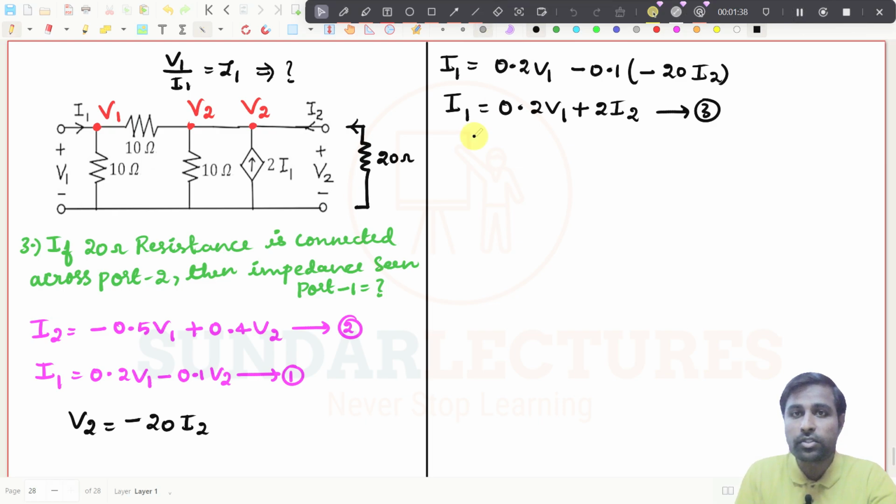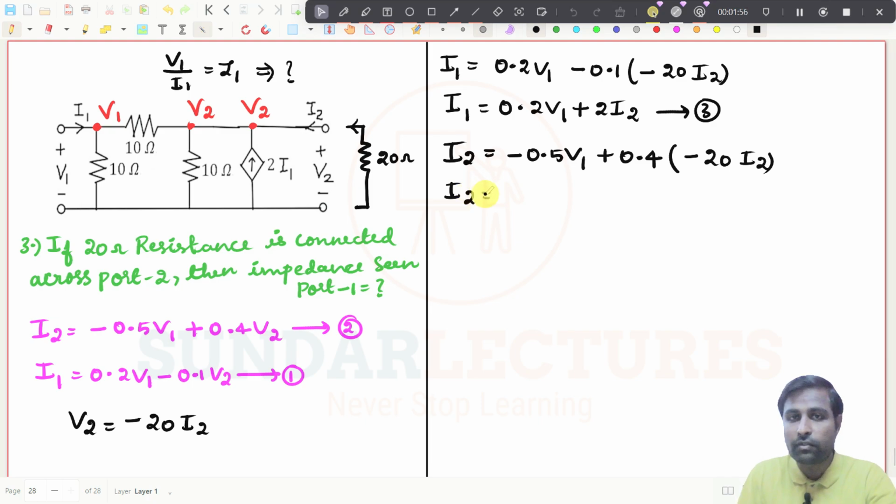So now you just substitute this in this equation. So I2 will be equal to minus 0.5 V1 and then plus 0.4 into what is V2 now? It is minus 20 into I2. So if you further simplify this, then I2 will be equal to minus 0.5 V1 and then minus 8 into I2, right? Then if you substitute this I2 in this particular expression, what will you get?